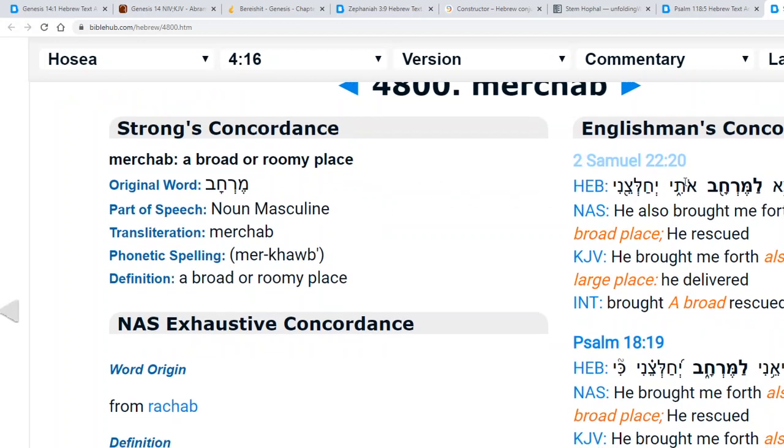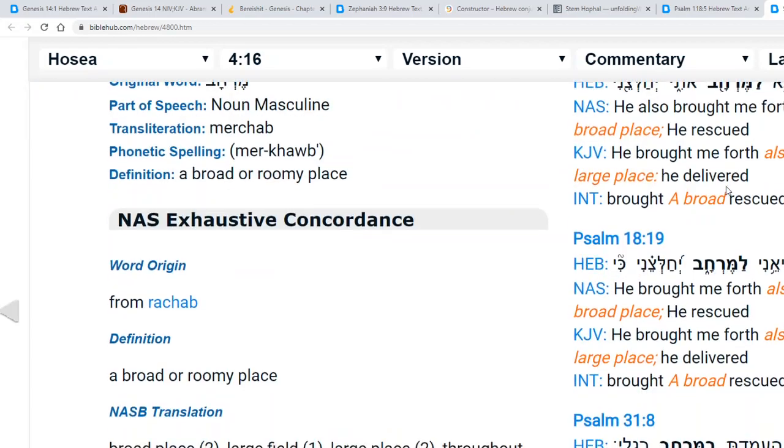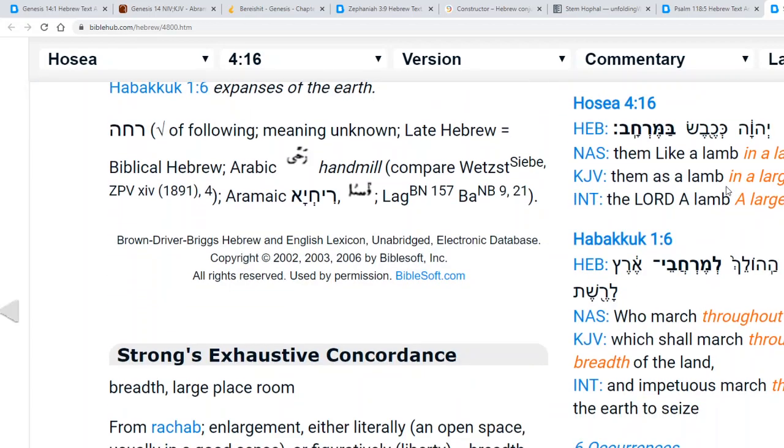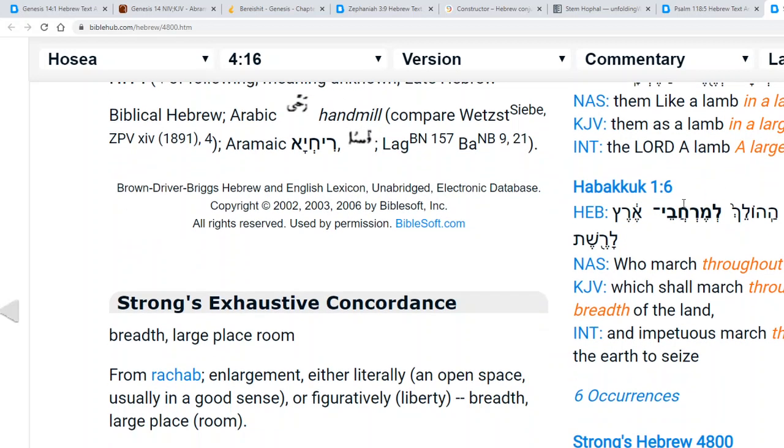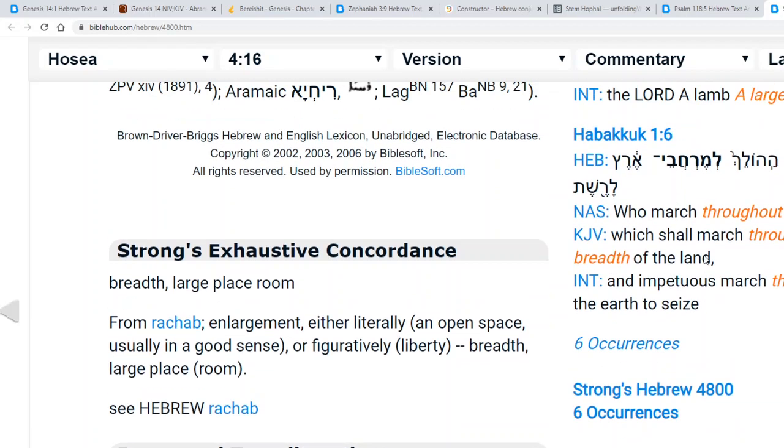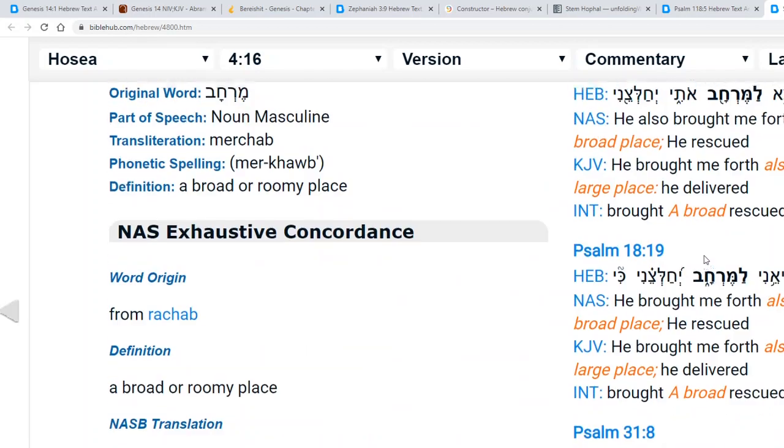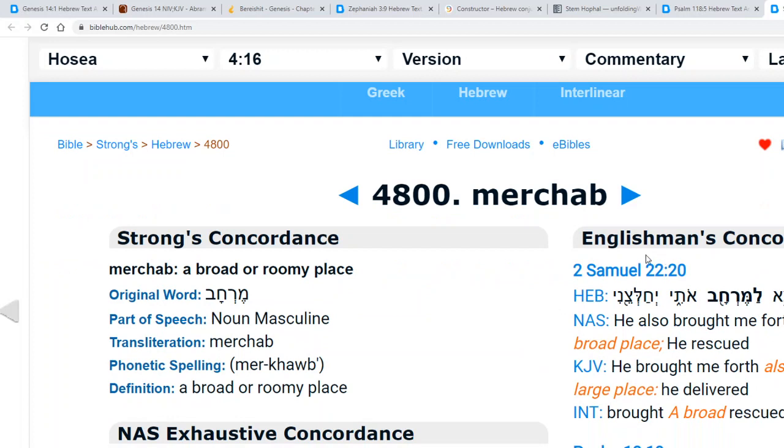So you can look in your concordance to see more places where there is this distinction. The word merchav itself only shows up 6 times, which is actually quite a bit. But you can look up all the rachavs, the widenesses, and see that contrast between the two, which shows up in the Bible many, many times.